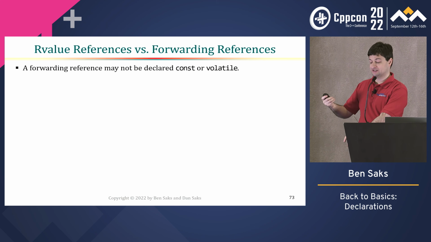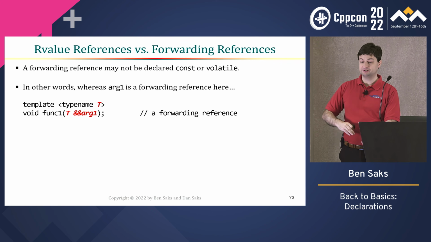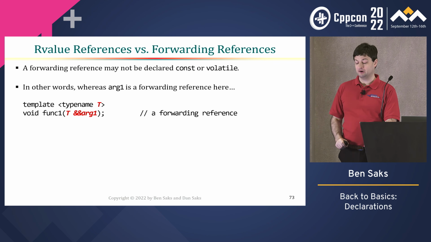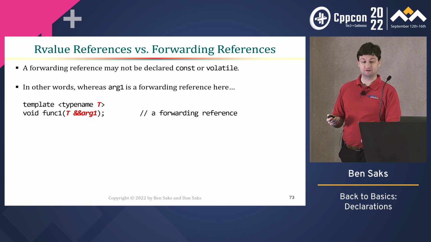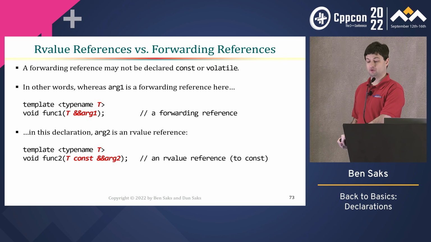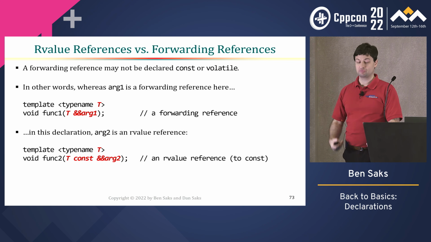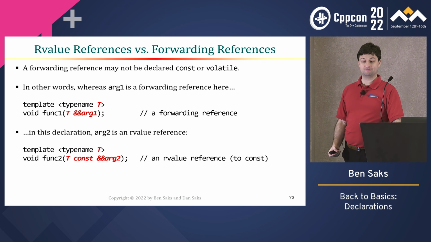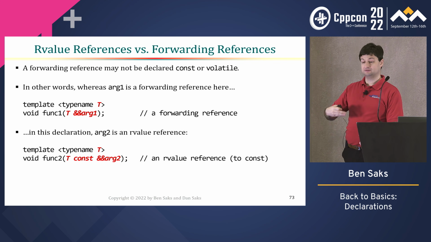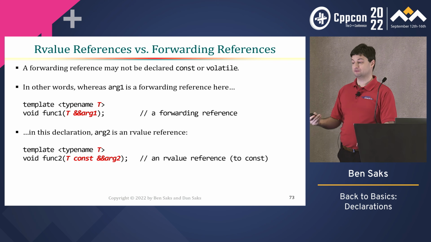So, as I said, a forwarding reference can't be const or volatile. So, for example, here arg1 is a forwarding reference, but a similar declaration that includes the word const in the declaration of arg2, that is an rvalue reference, always. Specifically, it's an rvalue reference to const. We don't often use rvalue references to const.